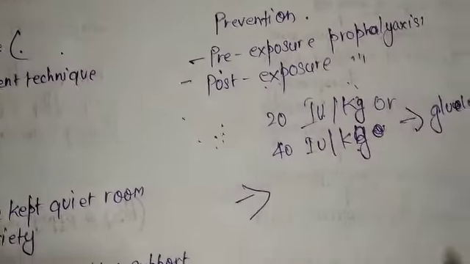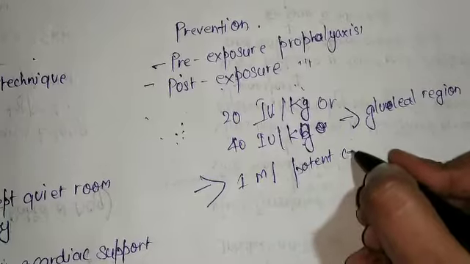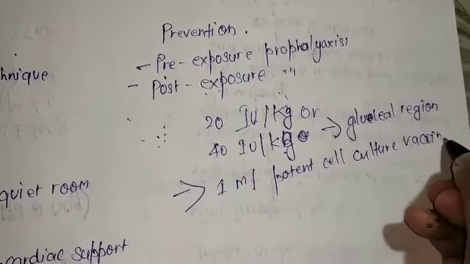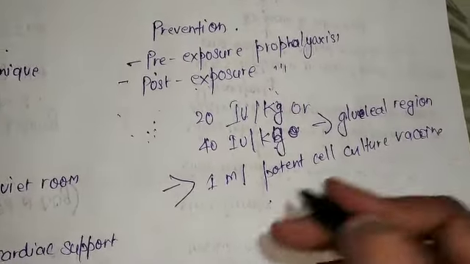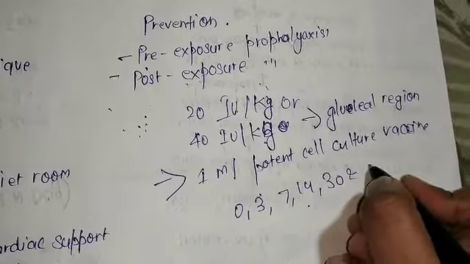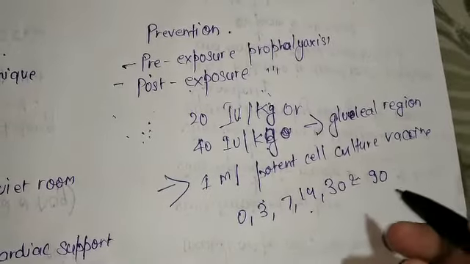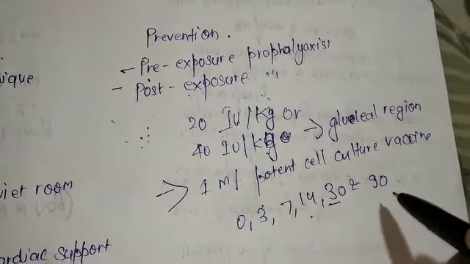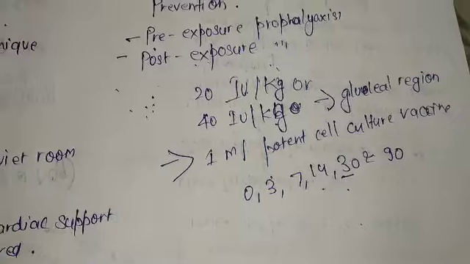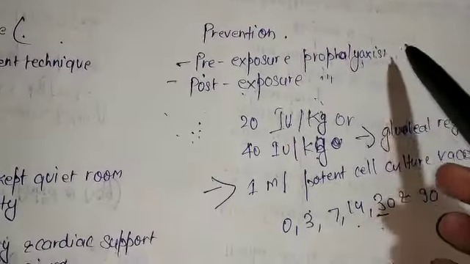Then 1 ml of potent cell culture vaccine should be given intramuscularly on days 0, 3, 7, 14, 30 and 90 in the deltoid region. A rabies antibody test may be done on day 30 to ensure whether the patient has developed a satisfactory response or not.